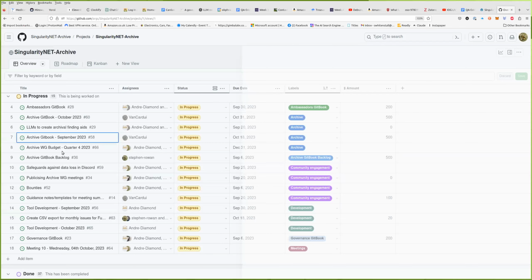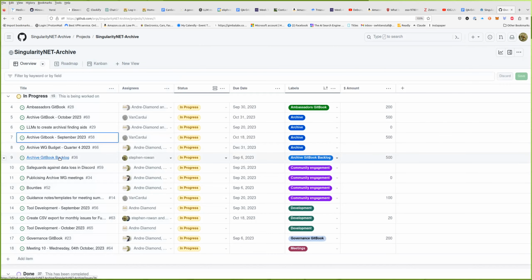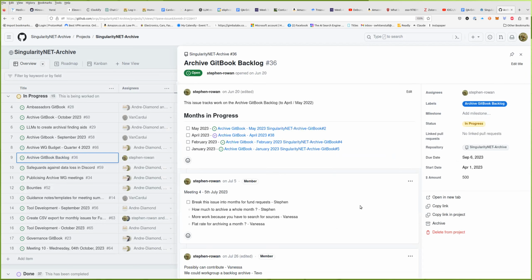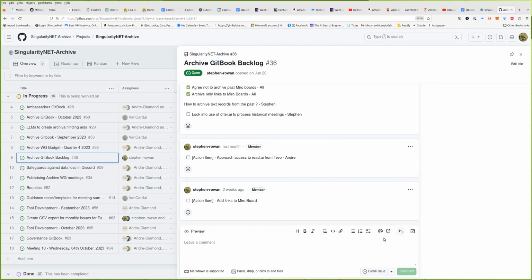We've done the budget. Okay, the Archive Gitbook backlog. I've just been doing a lot of thinking on this, not action. I was really thinking about how to approach the backlog.